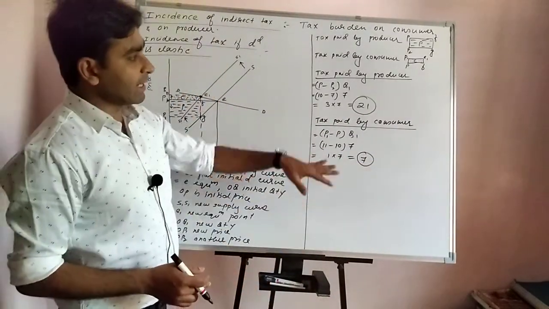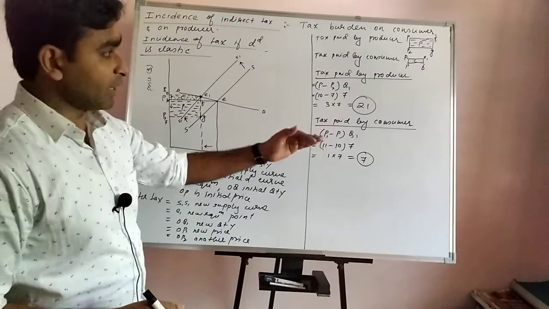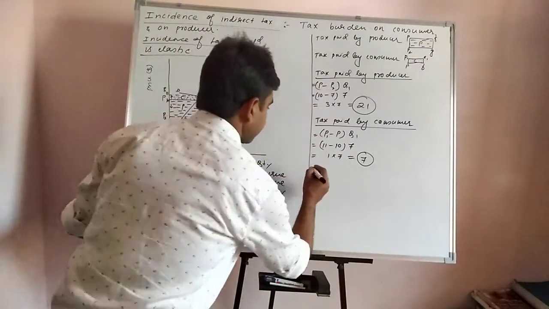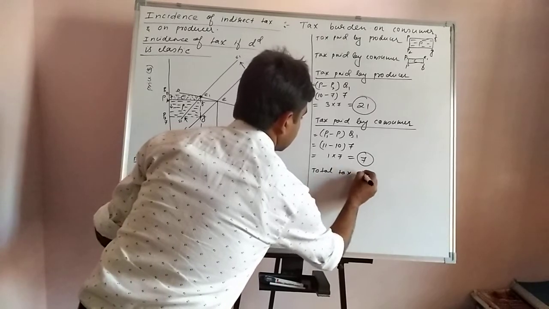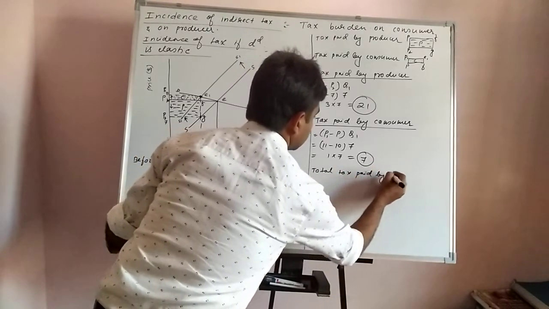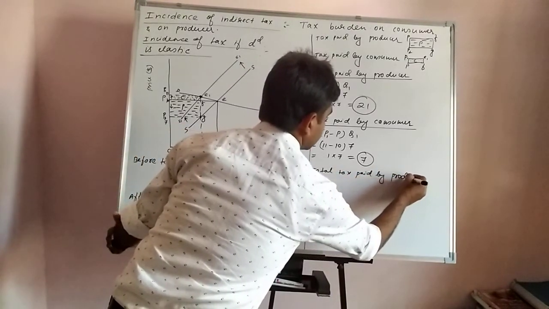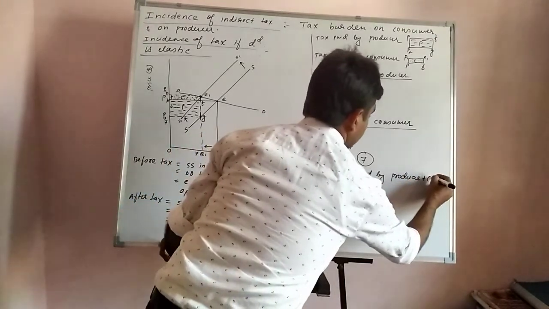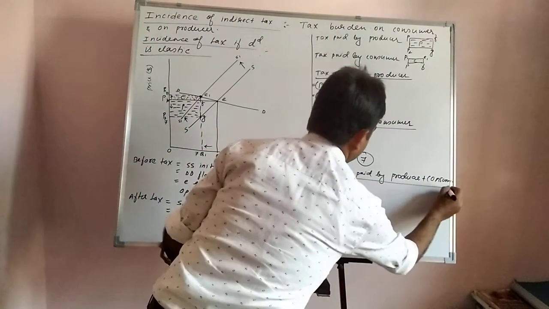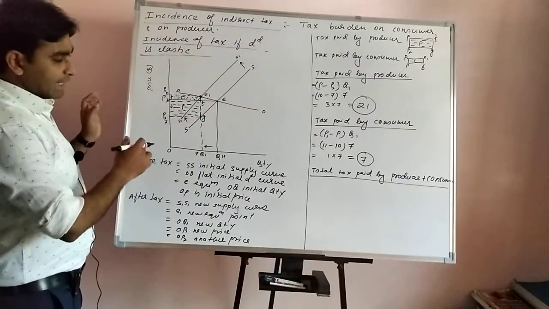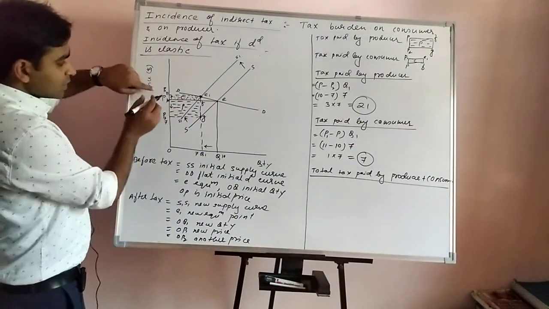And now we'll find out the total tax paid by consumer and producer. So total tax paid by producer plus consumer. Okay, so let's find out which is the consumer area.